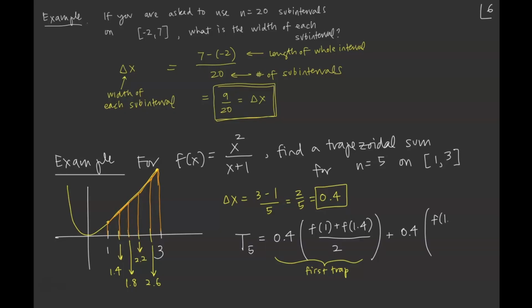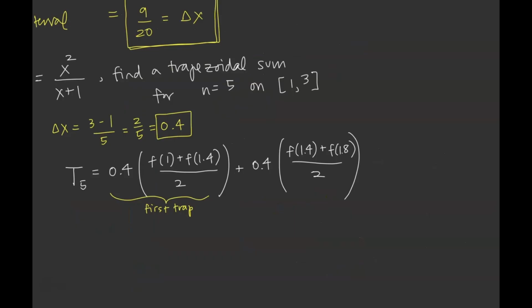So f of 1.4 plus f of 1.8 divided by 2. So just again, this is a formula for the area in a trapezoid. It's that width times the average of the heights. So width times the average of the heights, and we've got 2 of them. We need 5 of them, so I'm going to have to scoot things over a little bit. Okay, so here is the second trapezoid.